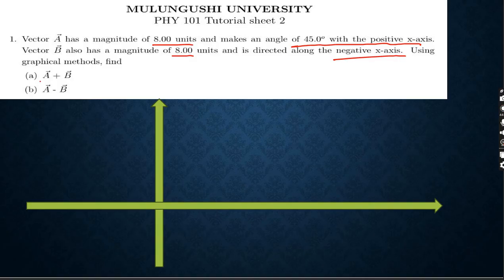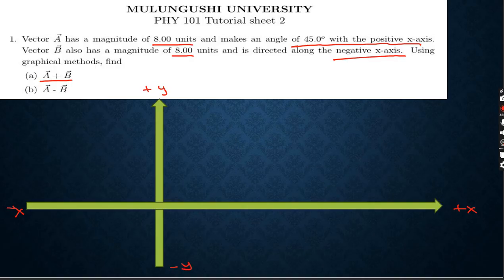So we're going to find first A plus B. Here is our positive x-axis, here is our negative x-axis, here is our positive y-axis, and here is our negative y-axis.